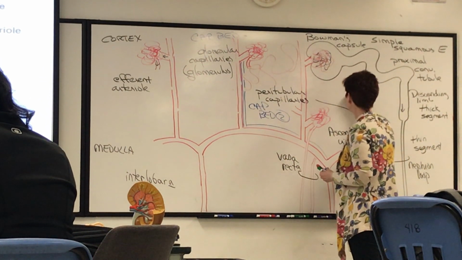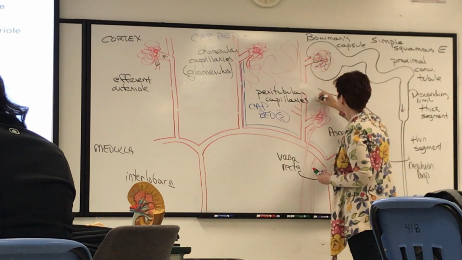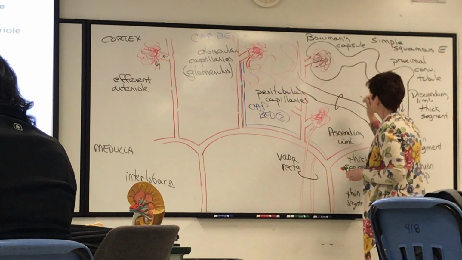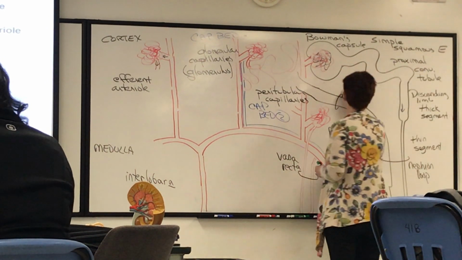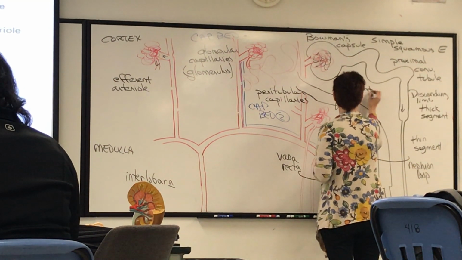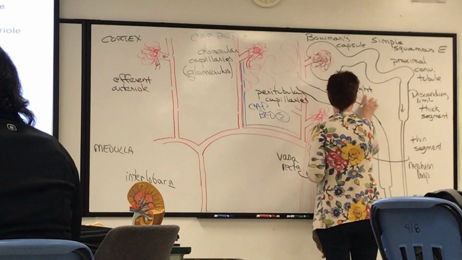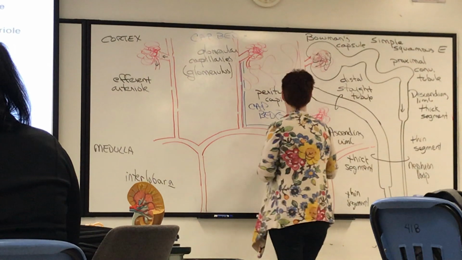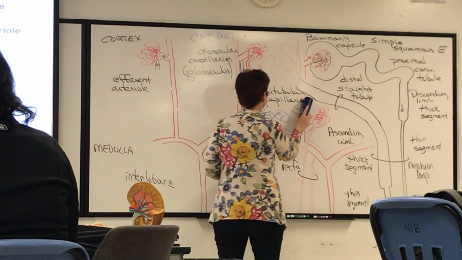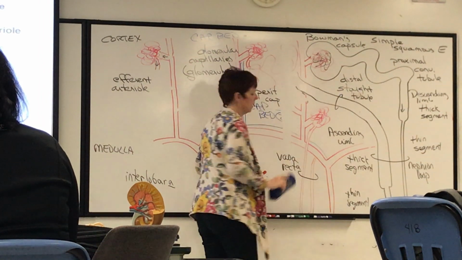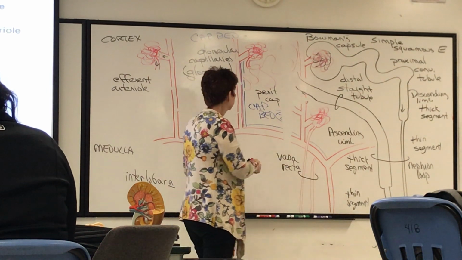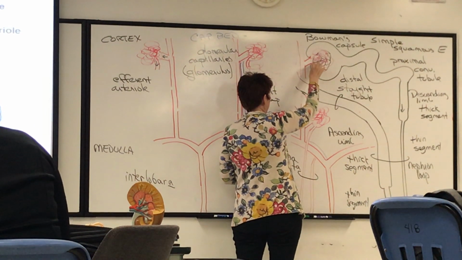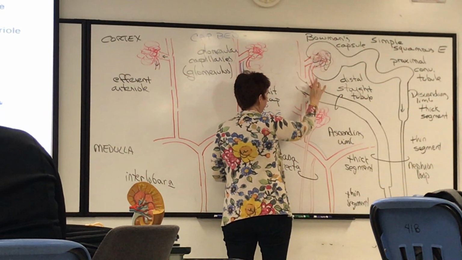And notice how this is coming over close to our capsule again. This is called the straight distal tubule. Not convoluted, but straight. Or distal straight tubule, if that's easier to remember. And then it goes past the capsule, and it passes between the afferent and the efferent arteriole.